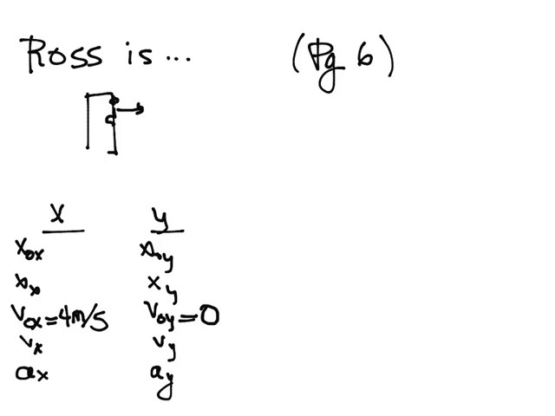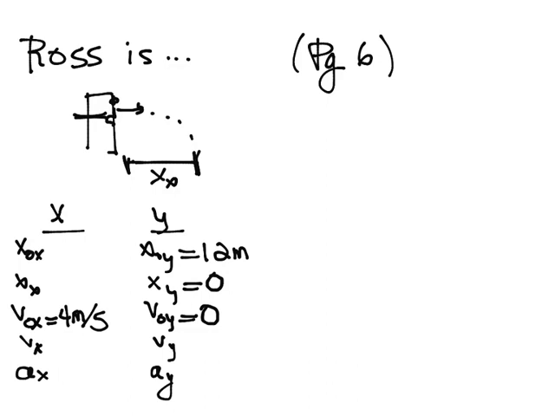And at the end, we want to know how far away from the cliff it lands. So we want to know what is xx. The other thing that we know is his initial height, so x naught y is 12 meters, because he starts 12 meters above the ground, and we know it ends up at a height of 0.